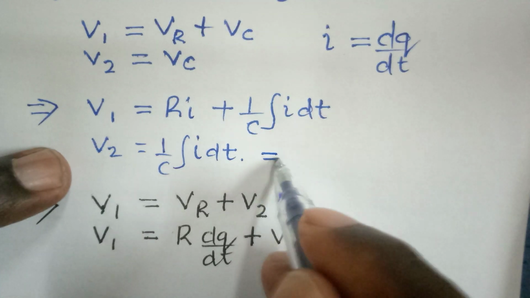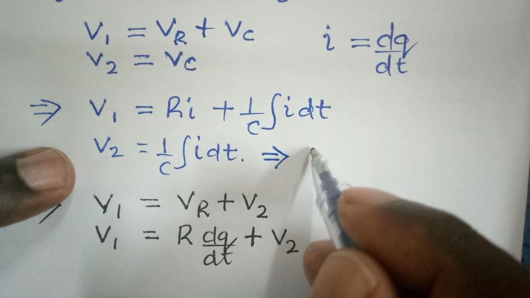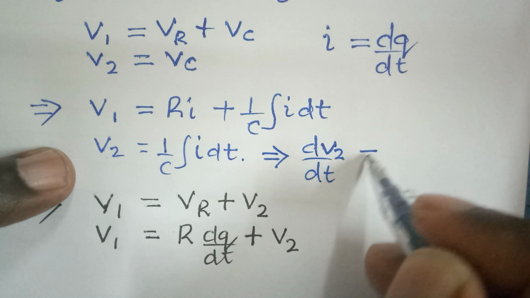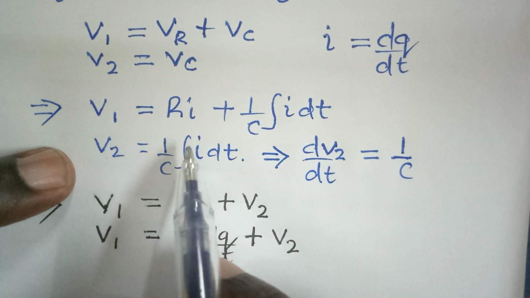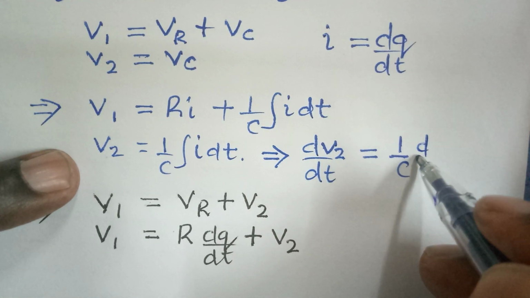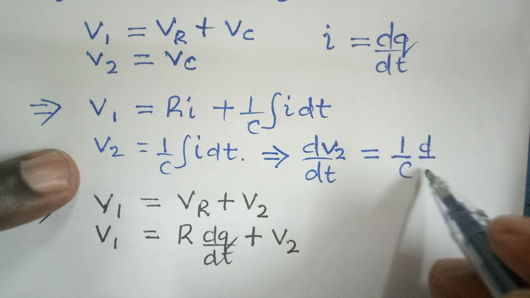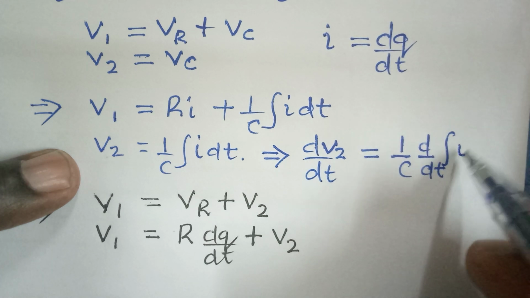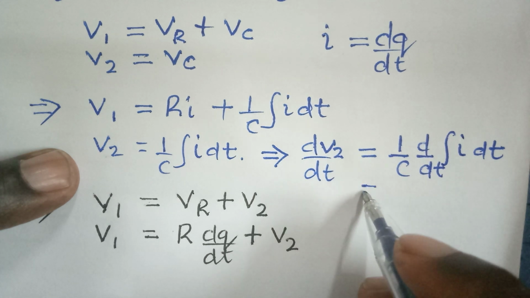We shall come here and differentiate both sides. So if we differentiate this side, we shall have dV2 over dt equals 1 over C. If we differentiate an integral, we shall have 1 over C times I dt integrated.